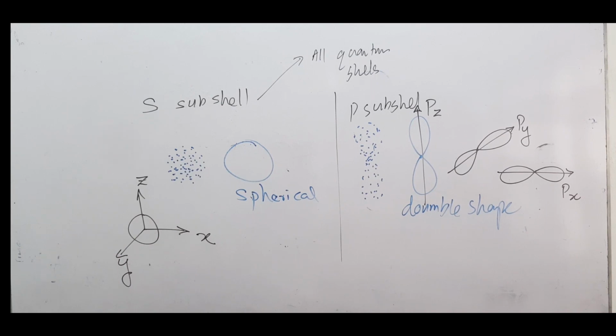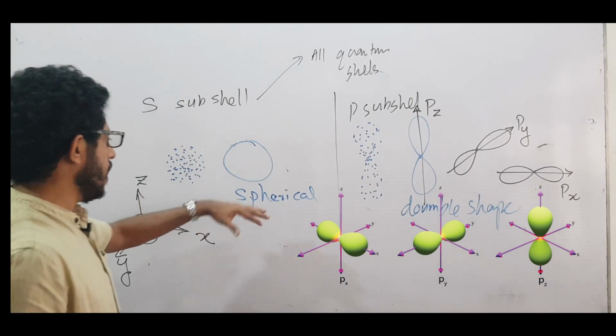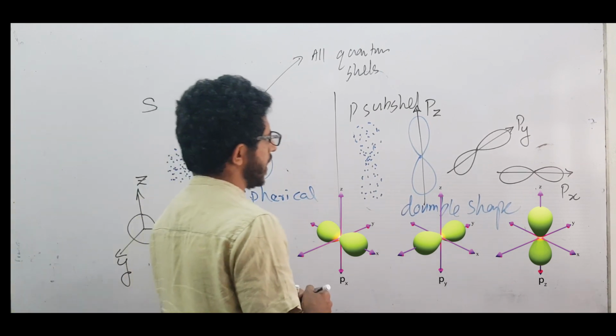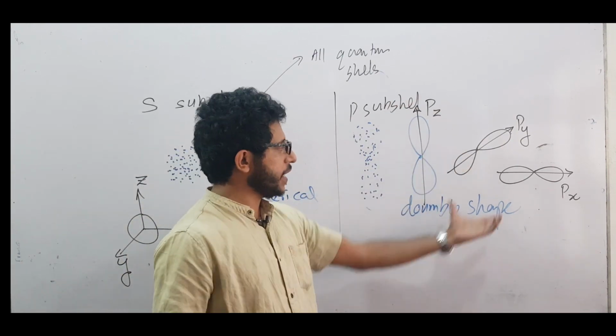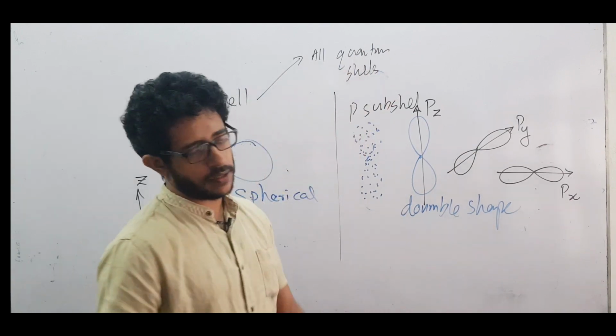So, there are three p orbitals per atom, pz, py and px, but for the s orbital you have only one shape. The combination of all these three orbitals gives you the p subshell.